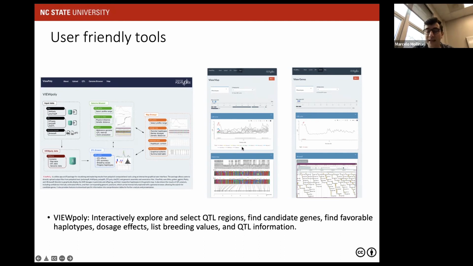It doesn't do any analysis, but you can put all your results here. You can navigate your chromosomes and your QTL peaks. We are going to put another folder here with genomic selection and probably GWAS, and then you can connect with your genome. This is just a graphical, nice thing to have, right?